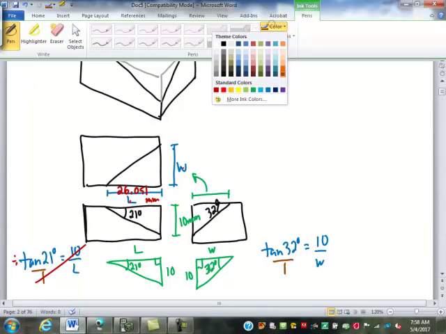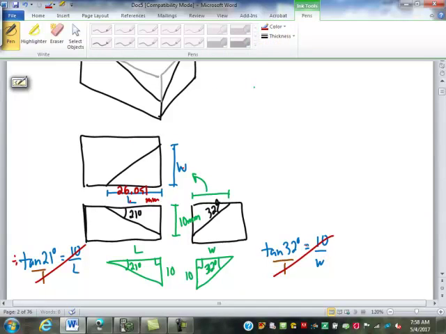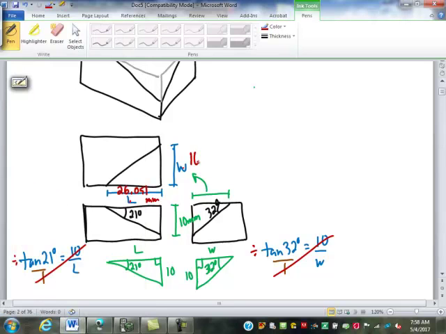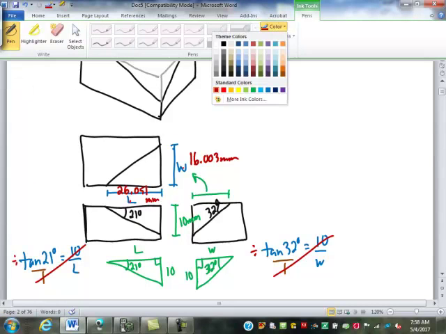I put this over 1 so that I can cross multiply and divide: 1 times 10 divided by the tangent of 32. So 1 times 10 is 10, divided by the tangent of 32 gives 16.003. How many of you got the 16.003? Okay, any questions so far?